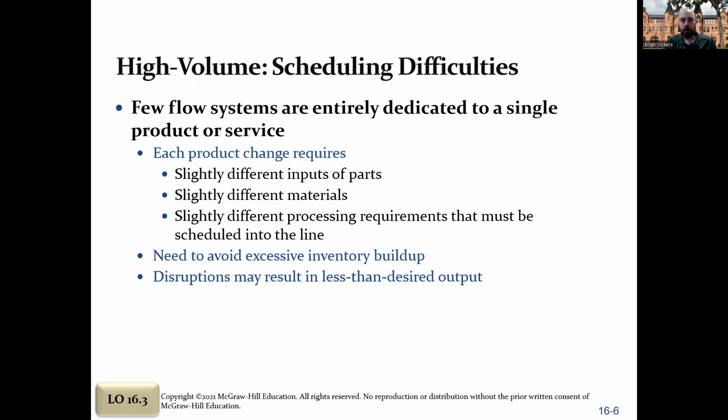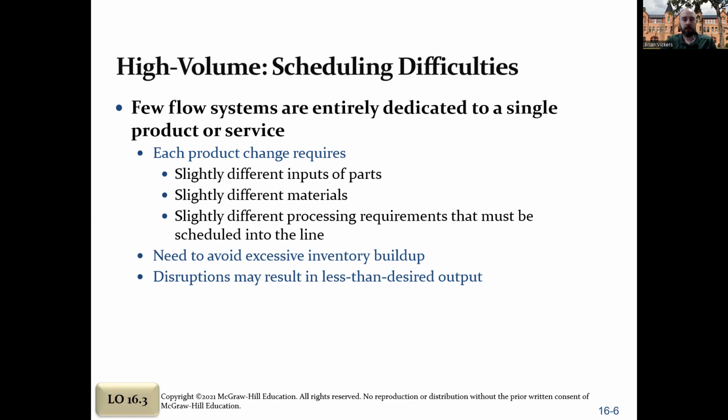The requirements to process it are going to change slightly. You definitely want to avoid excess inventory buildup of products because you've got to recoup those expenses. Storing inventory, we've seen, can cause a lot of excess costs.